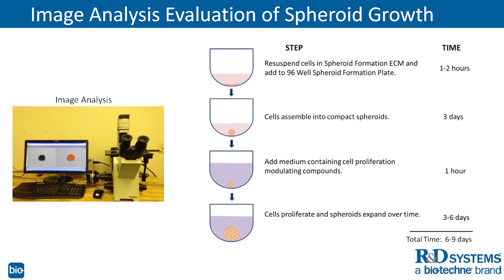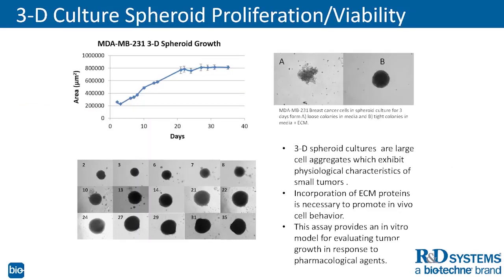And then we have 3 to 6 days of spheroid proliferation. And we can use image analysis to evaluate the growth of these spheroids. And that basically just means taking a picture and using image analysis software to look at growth rates.